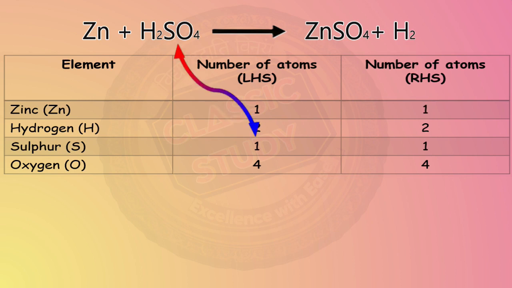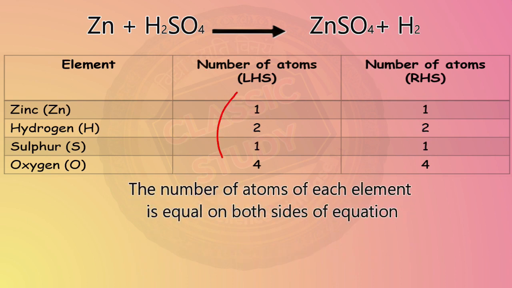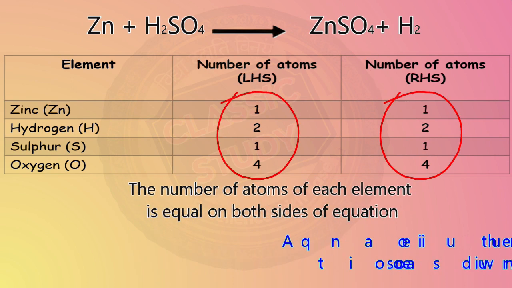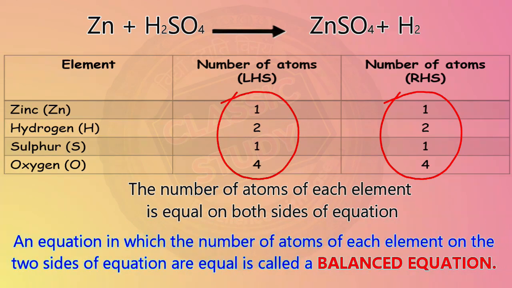Sulfur has 1 atom on the LHS and 1 on the RHS, and oxygen has 4 atoms on the LHS as well as 4 atoms on the RHS. So the number of atoms of each element is equal on both sides of this equation. An equation in which the number of atoms of each element on the two sides of the equation are equal is called a balanced equation. So this equation is a balanced chemical equation.